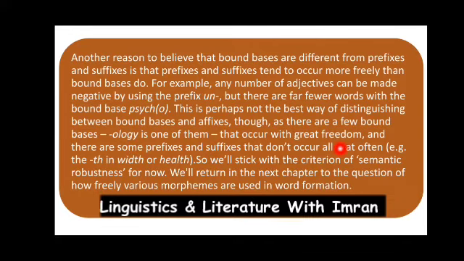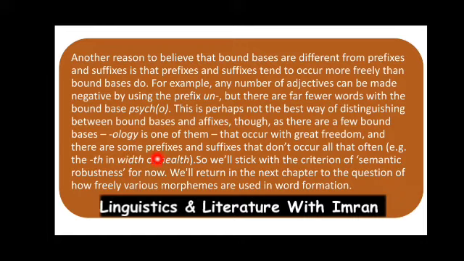So again, first we learn that this is another difference, that bound bases do not occur freely while prefixes and suffixes do. But then we learn that there is an exception, right? What is the exception? We learn here that the word ology is one of them, which occurs with great freedom, right?